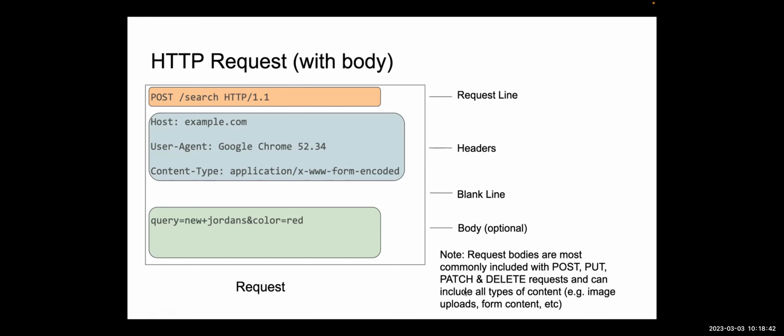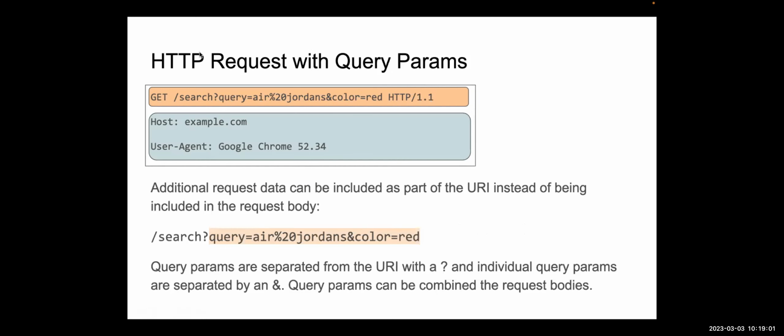But yeah, they can include any type of content. So this could be an image, it could be a form, it could be a query with variables. It could be JSON. It could be anything.